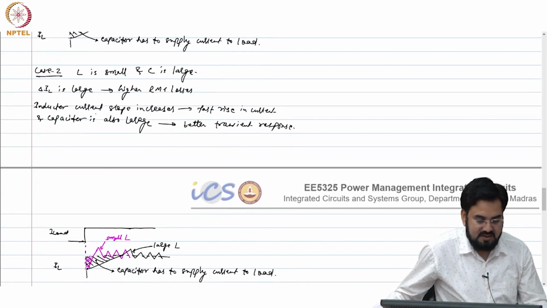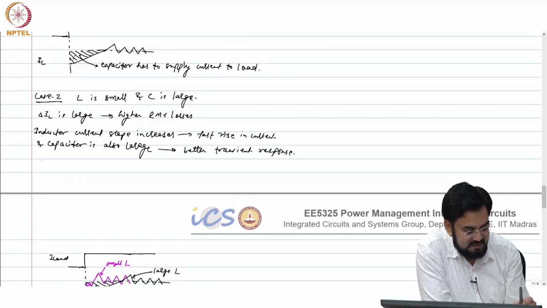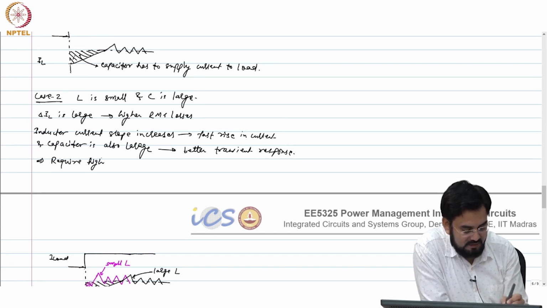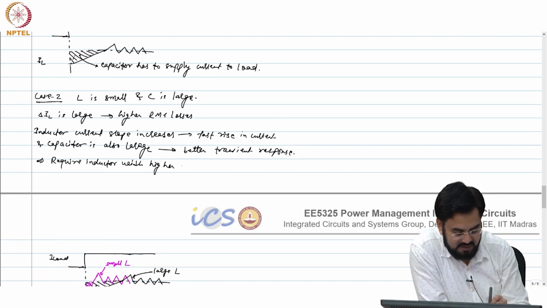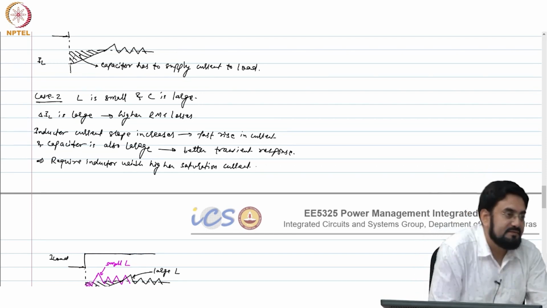But in this case, what is the drawback here? RMS losses. Another thing is, it requires an inductor with higher saturation current.